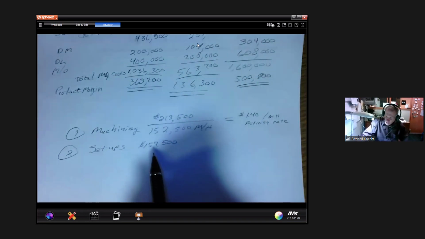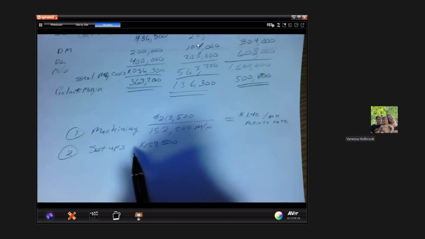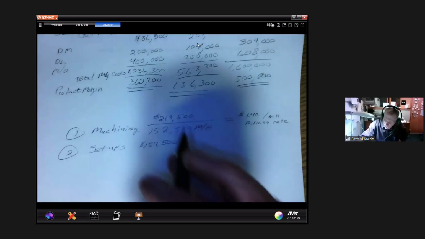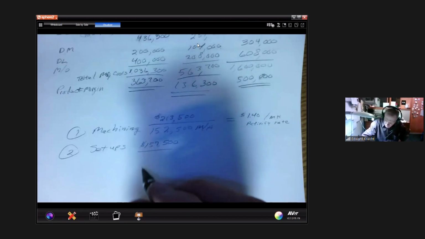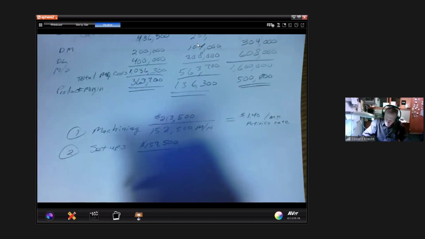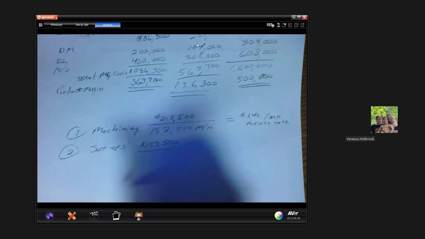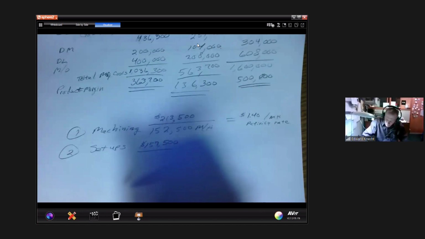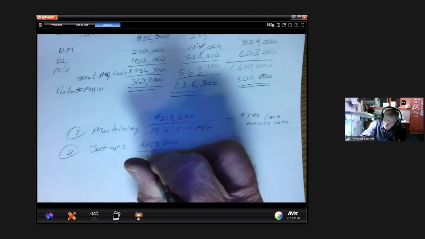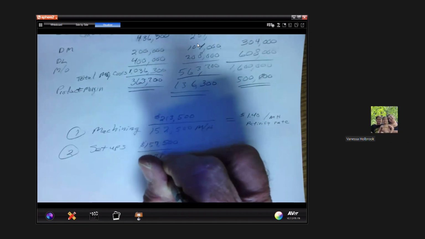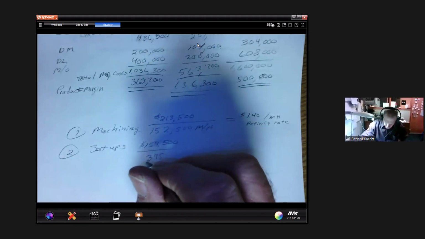Okay, so that's the total cost of manufacturing overhead for setups. But the activity rate is going to be based on the allocation of the number of setups. B300 had 75 setups, but T500 had 300. So in total, there's 375 setups.